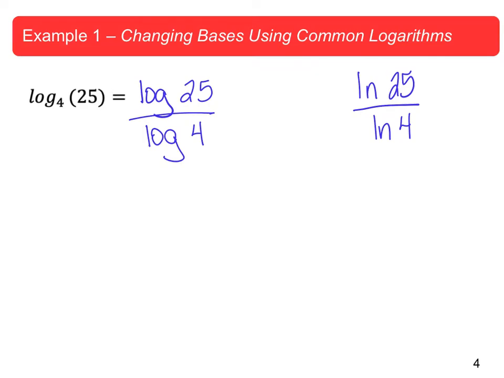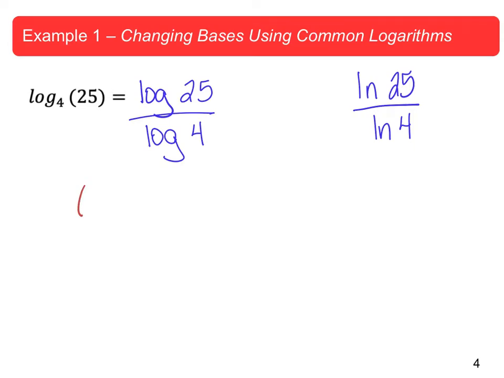One of the things that we definitely need to talk about are calculator keystrokes. I want you to be sure that you're entering it into the calculator correctly. That's a huge thing that we've got to make sure that we're focusing on. So what I want you to do is pull out your calculator, and we're going to do base 10 first. I am going to put a parenthesis around my log of 25.